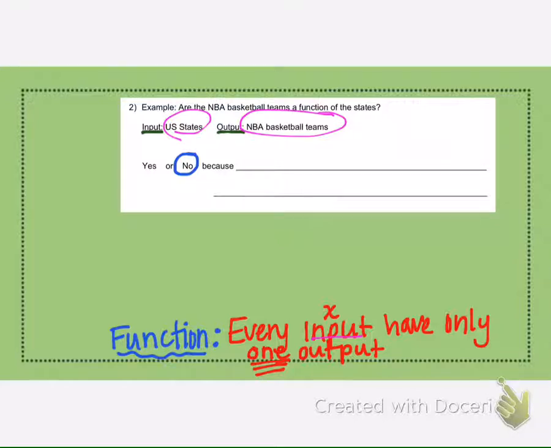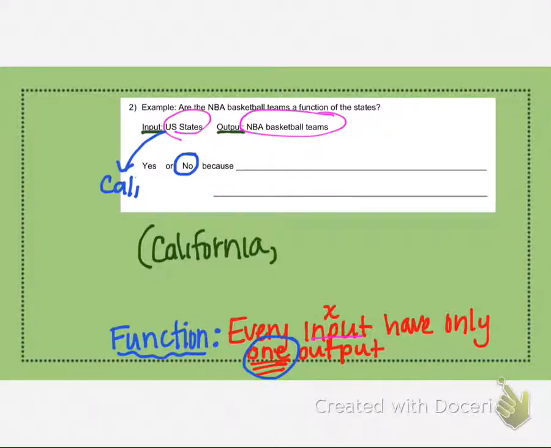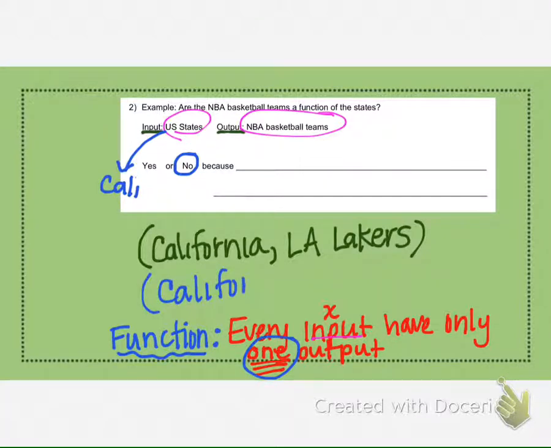For example, if my state, let's say, was California, it does not have only one basketball team. I could have an ordered pair, the first one, the input being California, and then the LA Lakers. But I could also have California, and the Clippers also play in California.